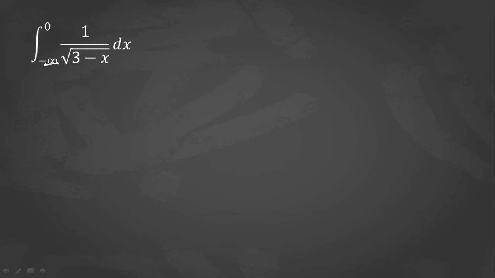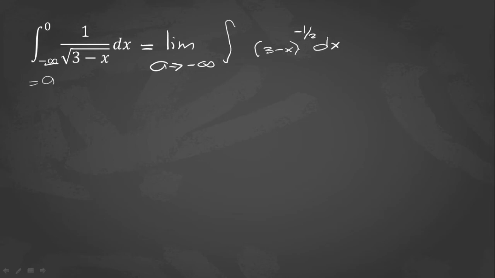Thus, assigning this as our a, we have now the limit as a approaches negative infinity of the integral of 1 over square root of 3 minus x, which is equivalent to 3 minus x raised to negative 1/2 dx, evaluated from a to 0.